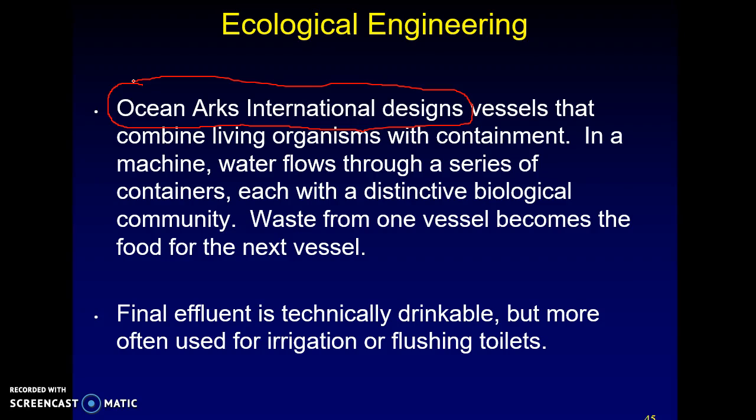The first one being bacterial, the second one being fungi based, and the third one aquatic plant based. So they flow through these 3 things, and as they flow through them, the water gets cleaned out.